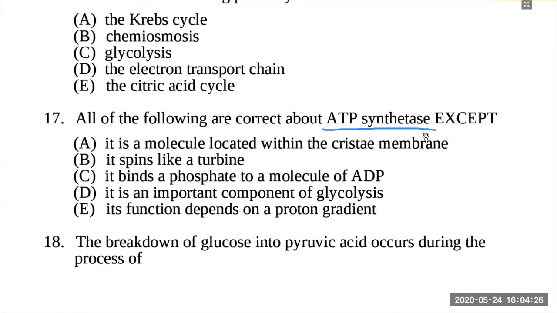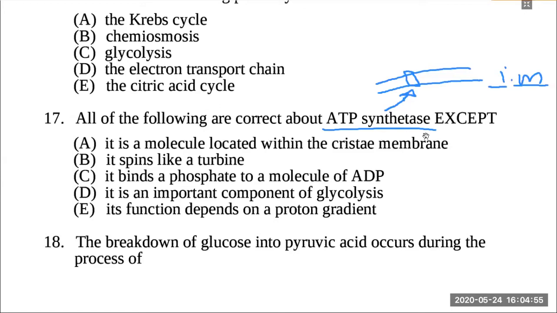Let's say this is the inner membrane, which I am writing as IM. In the inner membrane, we have a protein channel, the ATP synthase channel, in which ATP molecules are produced.